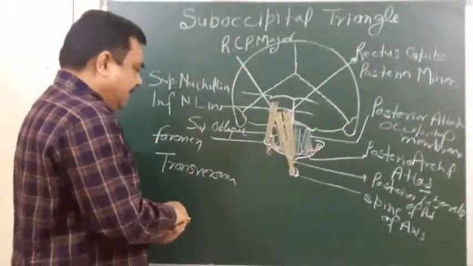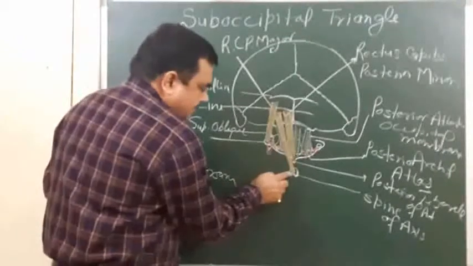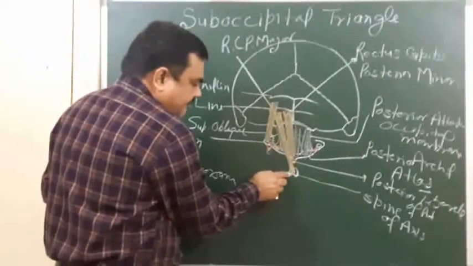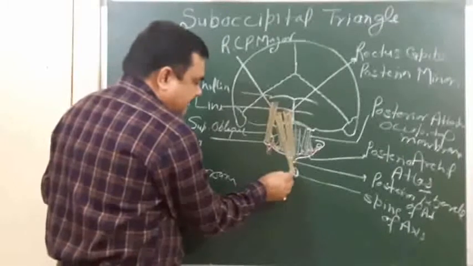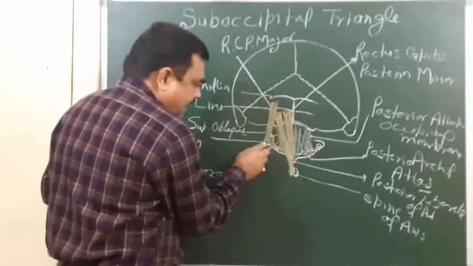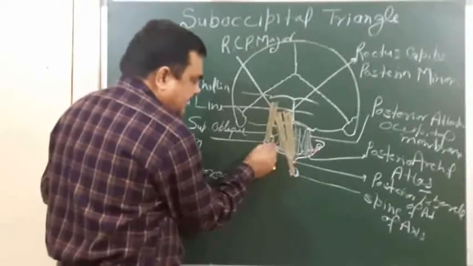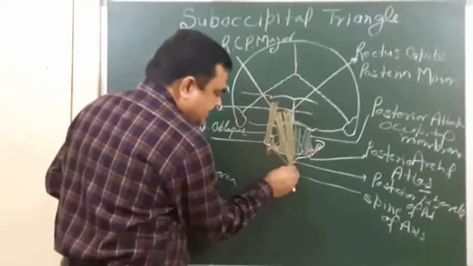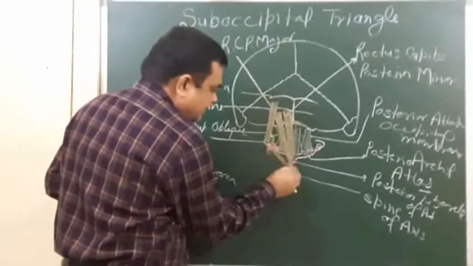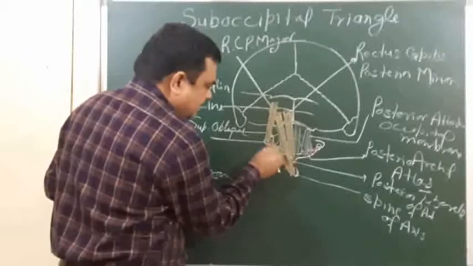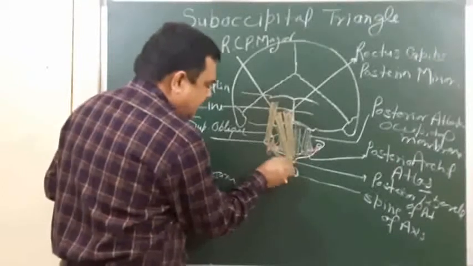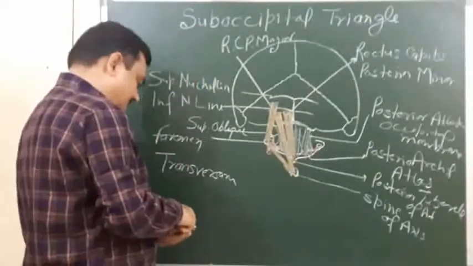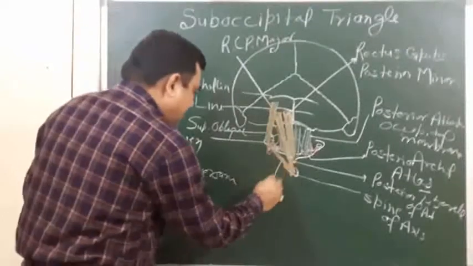And the muscle which takes origin from the spine of the axis and is inserted under the transverse process of the atlas is the inferior oblique muscle.